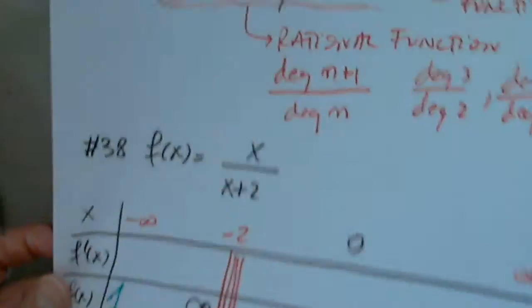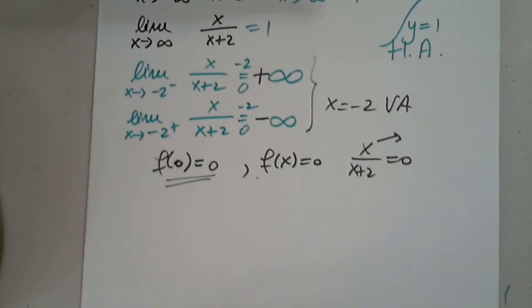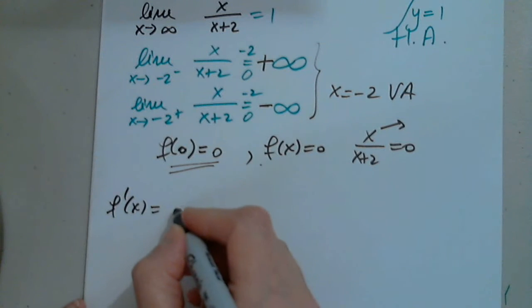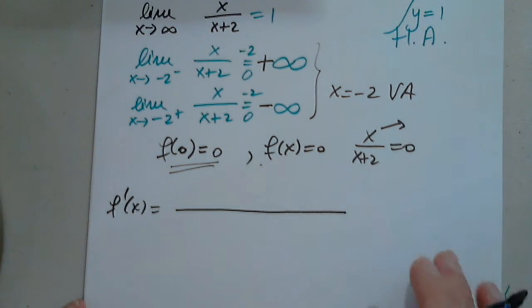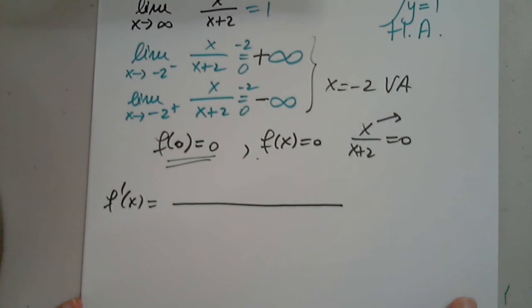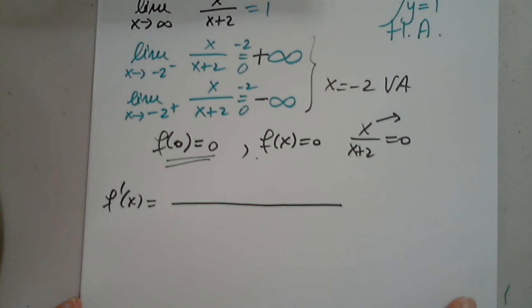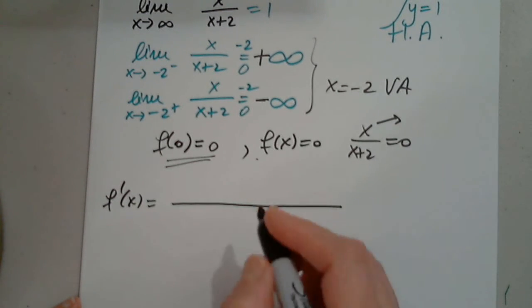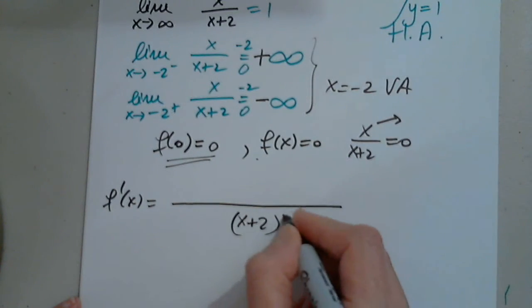Okay, so tell me which rule we apply for this function. The quotient rule. Very good. The denominator is x plus 2 squared.